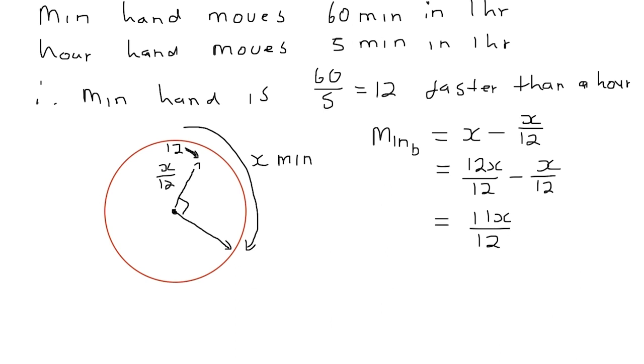Okay. So we also know that the minute hand moves 60 minutes in an hour. That means if we take 360, since it moves 360 around the clock, and we divide this by 60 minutes, that means the minute hand actually moves 6 degrees per minute.